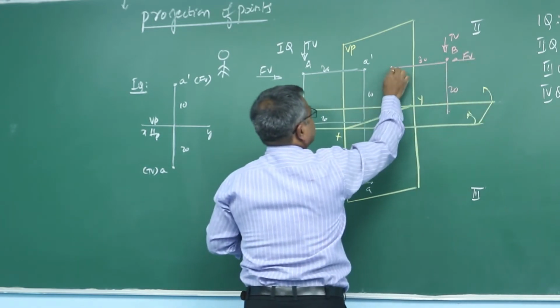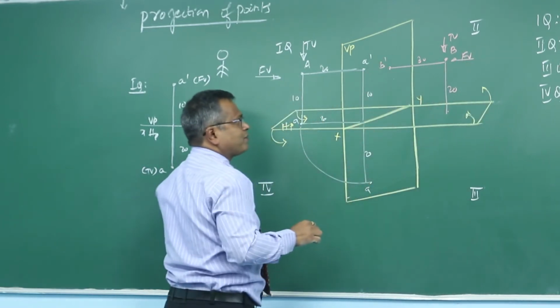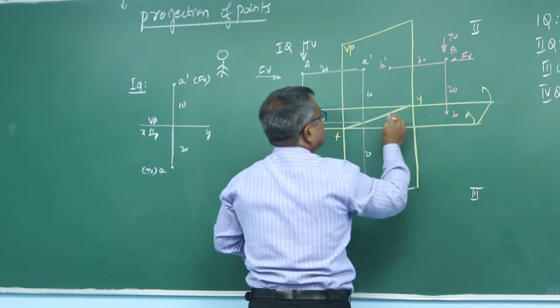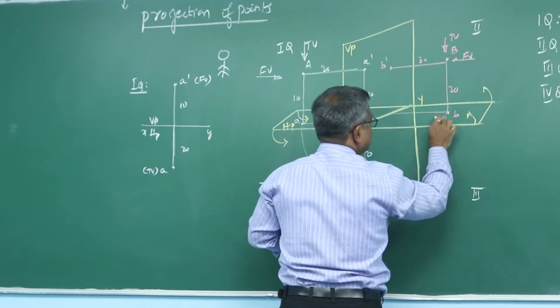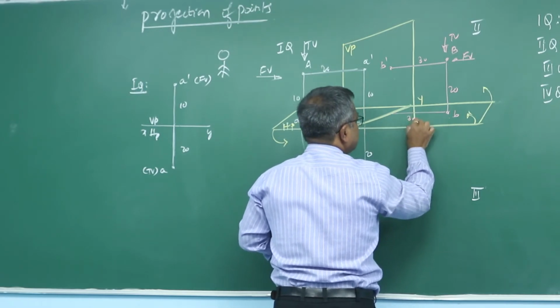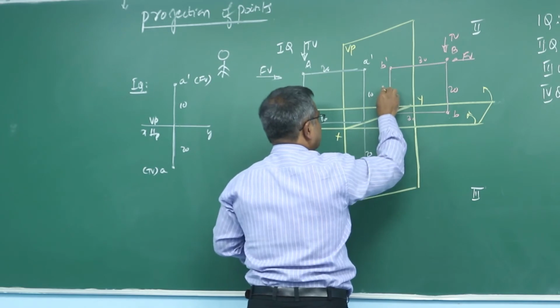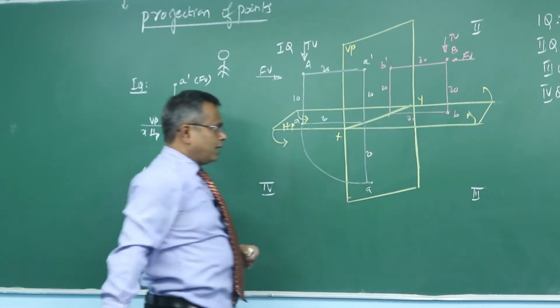The front view B projected on the vertical plane becomes B dash. The top view projected on the horizontal plane is called B, at a distance of 30 millimeter from the XY line, and B dash, the front view, is at a distance of 20 millimeter from the XY line.